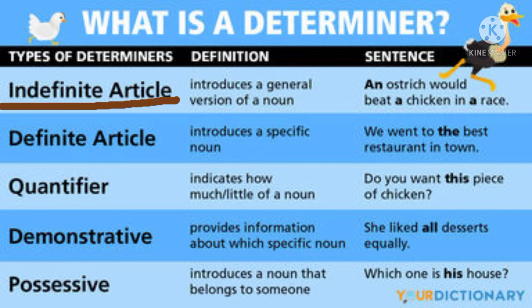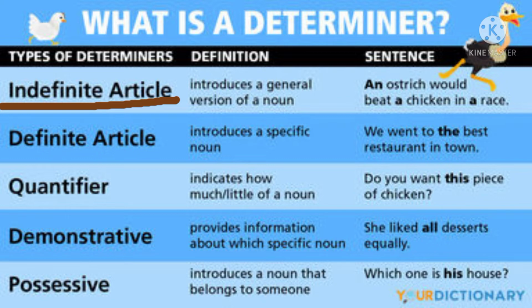First, the indefinite article introduces a general version of a noun. Look at the sentence: An ostrich would beat a chicken in a race. Students, we already know that before a consonant sound we should write a, and before a vowel sound we should write an.